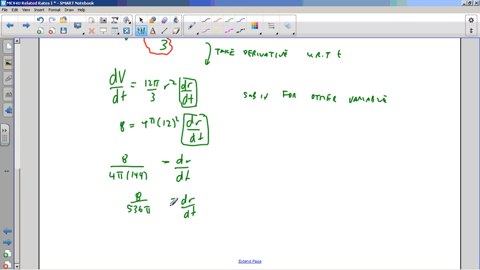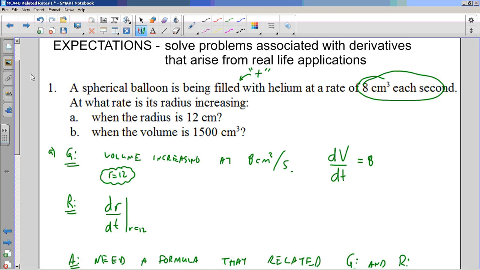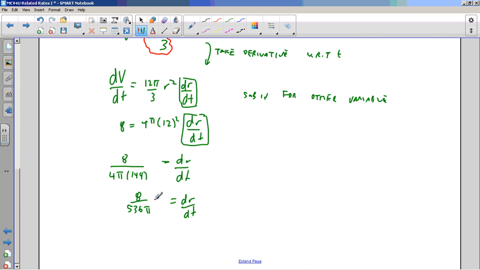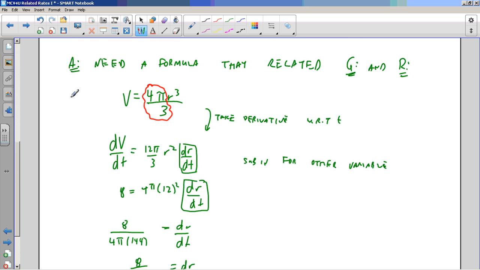So the radius, when this balloon is being filled at 8 centimeters cubed a second, the radius is increasing by that rate, which, by the way, is about 0.0044 centimeters per second, right? The radius is in centimeters, time is in seconds, centimeters per second. So this was my solution starting right about there. Here's my statement.